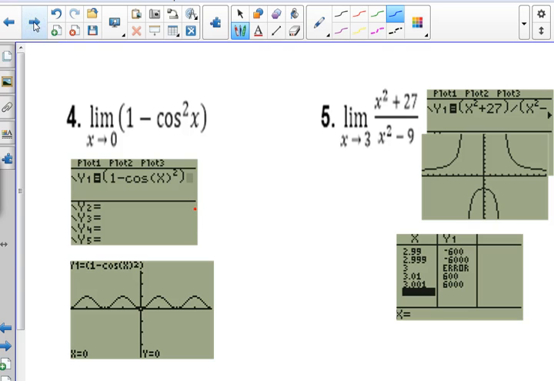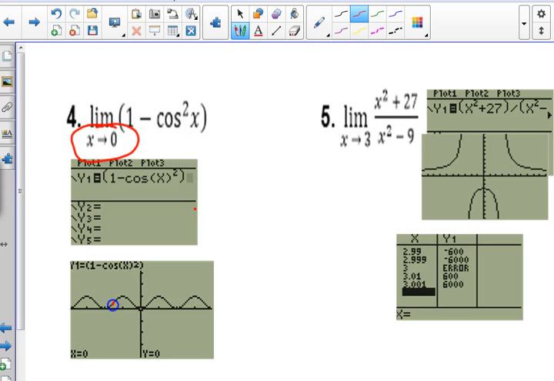All right. Now, before I let you do one on your own, this one is confusing to students. Because remember I said this is a periodic function, yes? The cosine? 1 minus cosine squared, it's going up and down, but it's not really oscillating. It's doing it at a set period. Okay? The question is, does it have a limit at 0?